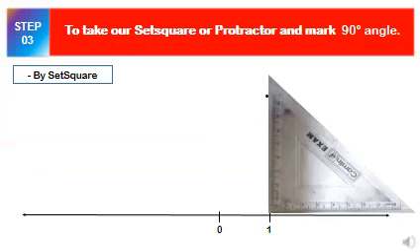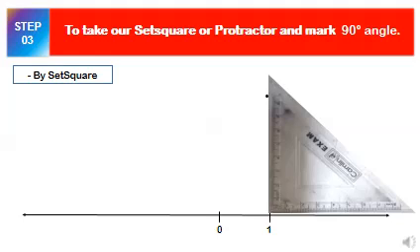Our third step, we can do it in two ways. First, by set square, and second by protractor, or in your language by D. First we will see how we will do this third step with set square.